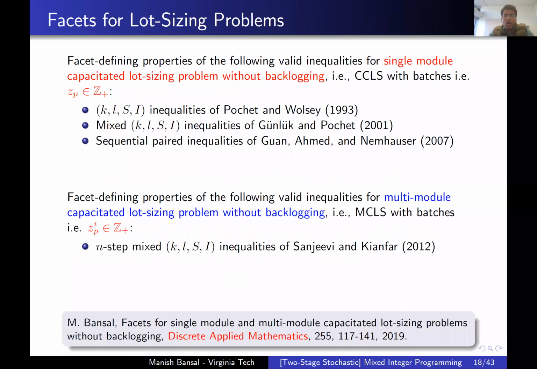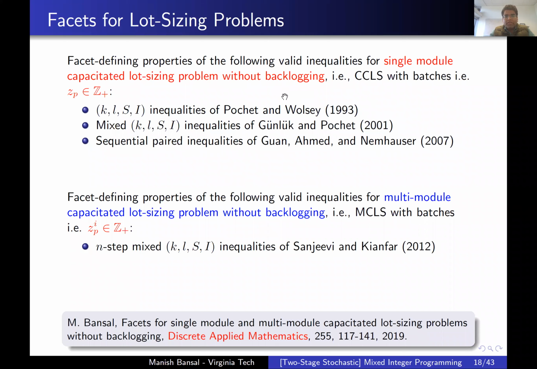That led me to think: if these are strong, do they represent facets for these capacitated problems? And that led me to obtain some facet-defining conditions, the conditions under which this inequality will be facet defining, for the single module problem, where instead of considering the variable to be binary, it can be integer, which means that in each time period you can have multiple trucks of the same capacity.